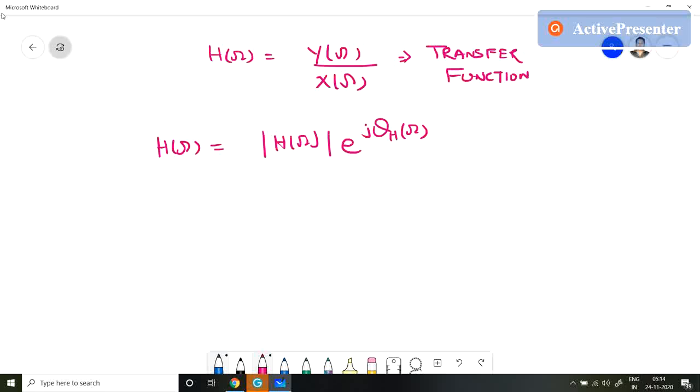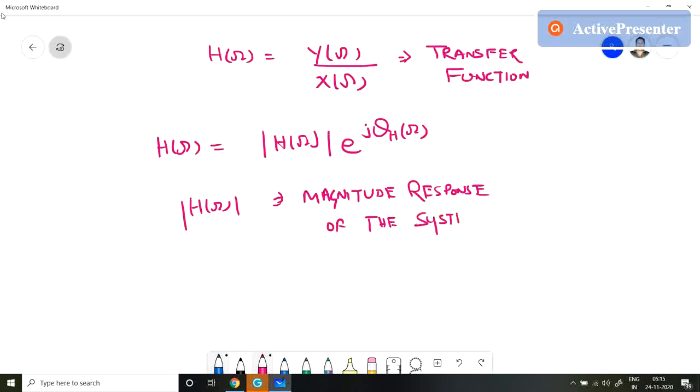So what is that H(Ω)? It is called the frequency response of the system or the transfer function, and the modulus of H(Ω) is called the magnitude response of the system. This θh(Ω) is called the phase response of the system.